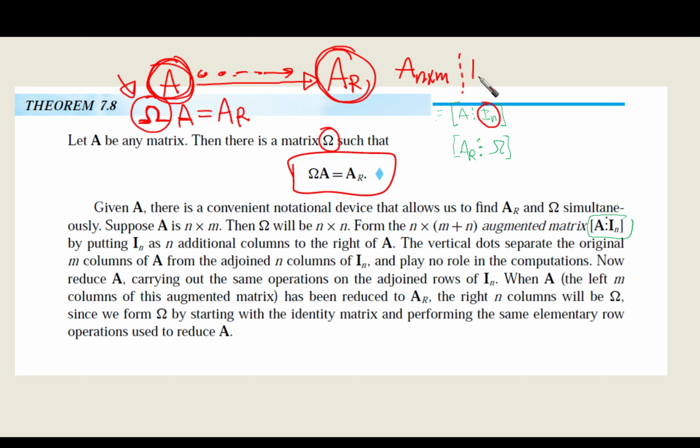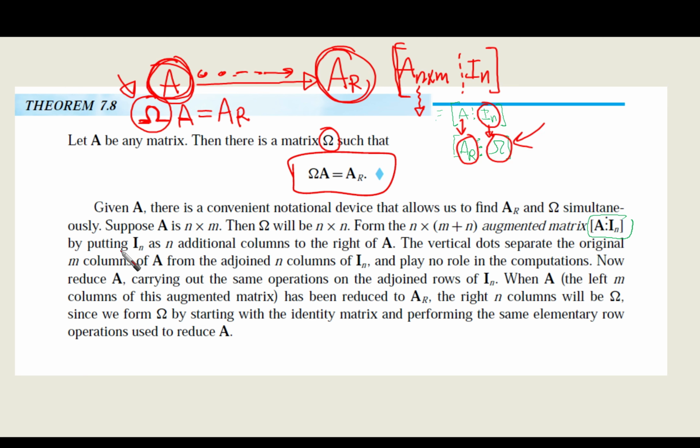We call this the augmented matrix. Then we go through all the elementary operations until we reach AR, the reduced matrix of A, on the left. The same row operations on the identity matrix give us exactly omega.